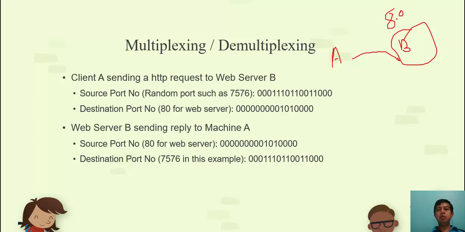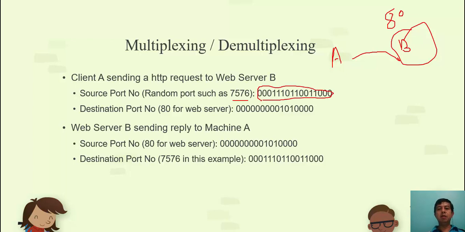Remember, your application uses port number 80, and A will use a random port number. Again, we have discussed all these things in detail during the UDP lecture. Say in this example, A is using port number 7576. So the source port number for the packet going from A to B will contain this header information.